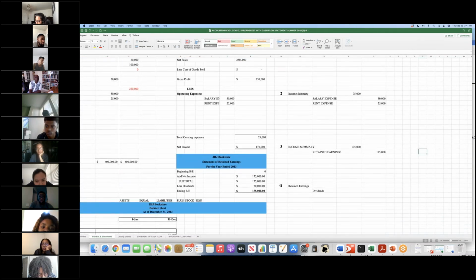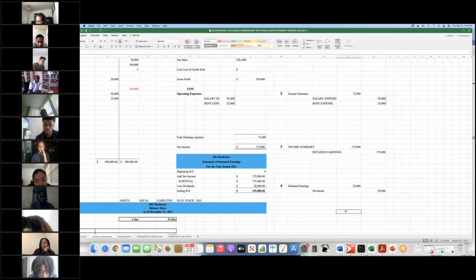The dividends. And notice where I am, right on the dividend line there. So we're going to debit retained earnings for 20,000, credit dividends for 20,000. So hopefully you see the pattern of what I did.